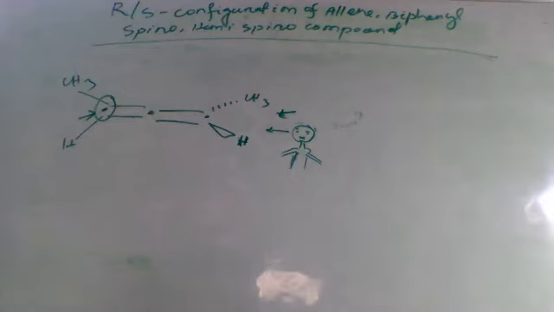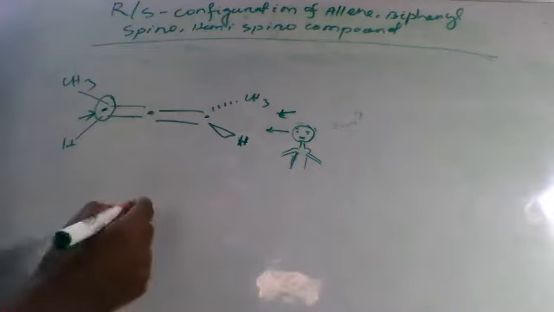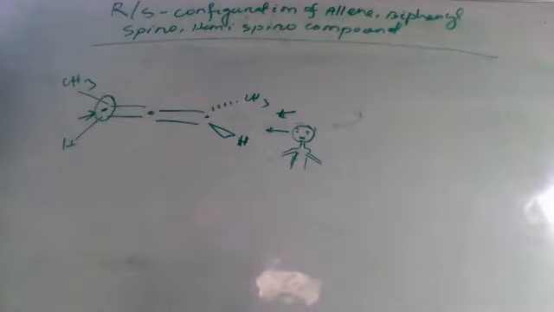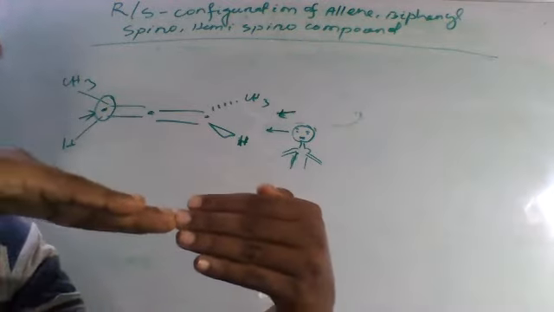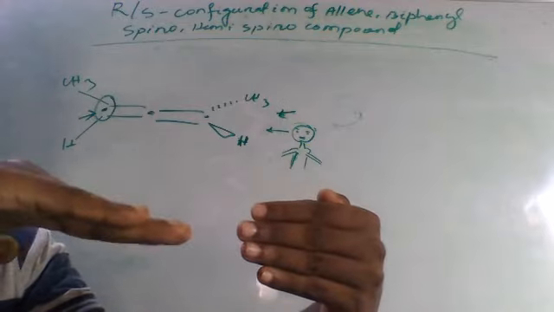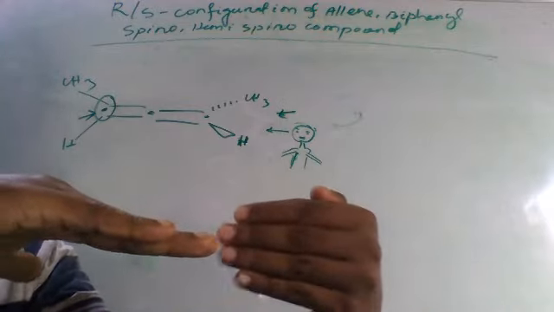And then I will discuss the orbital diagram. These two pi bonds are like this, orthogonal to each other. That means this pi bond is perpendicular to this bond.